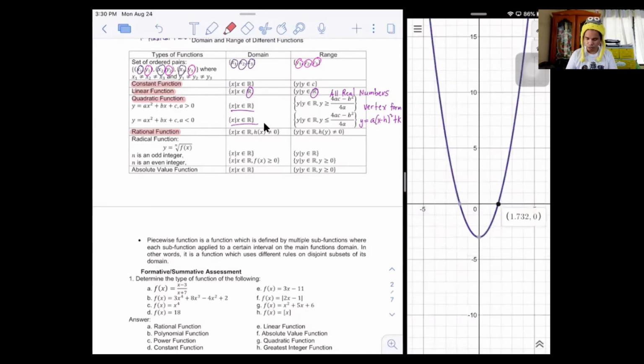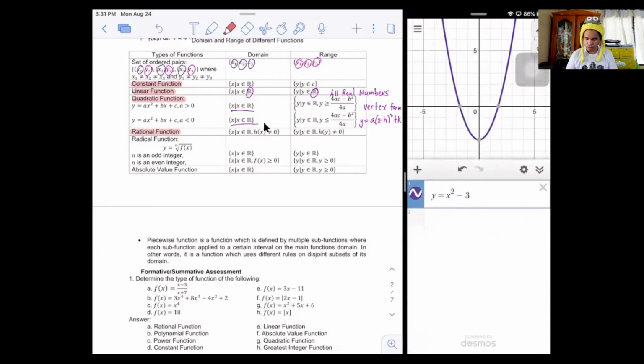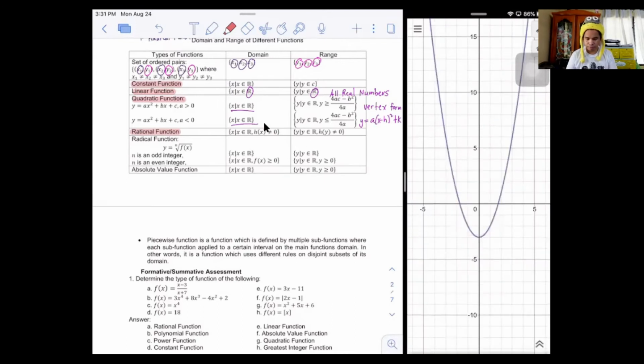And of course, naa siya'y iyang x-intercepts. So if you're going to examine, the given is y equals x squared minus 3. So irrational ang iyang x-intercepts.